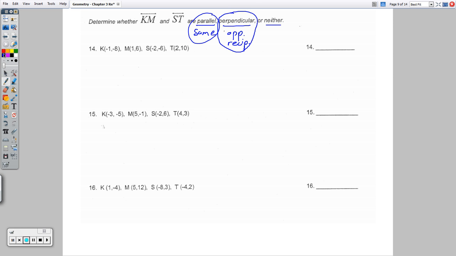So let's figure out what we got here. Let's go Christmas time here. We got x1, y1, x2, y2. I'll use that for K and M. I'm going to do that on every one while I'm at it. I'm going to use red throughout for line KM, and then I'll use green throughout for S and T. So this would be my green x1, y1, my green x2, y2.